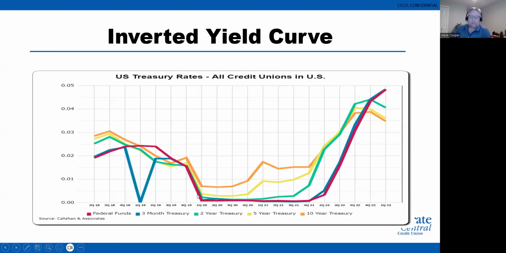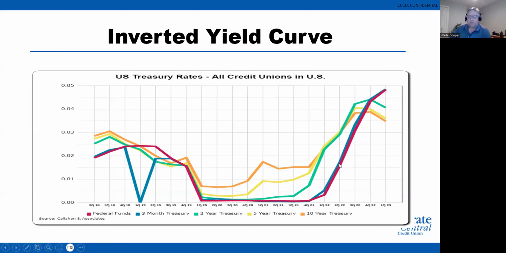But let's just go to first quarter 2020, COVID, all that good stuff. The Fed dropped the rate. We were sitting at almost zero for a while, and then just a complete spike over a year. And again, it was October of 22 where we inverted.